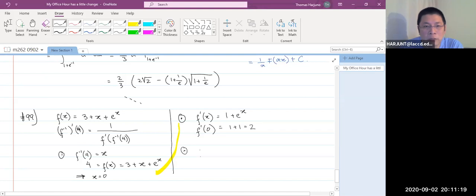Then the derivative of f inverse at 4 is 1 over f prime of f inverse of 4. That is 1 over f prime at 0, but that's 1/2.